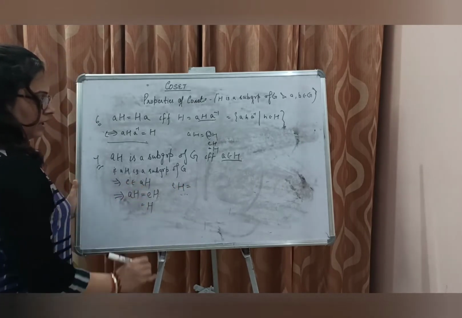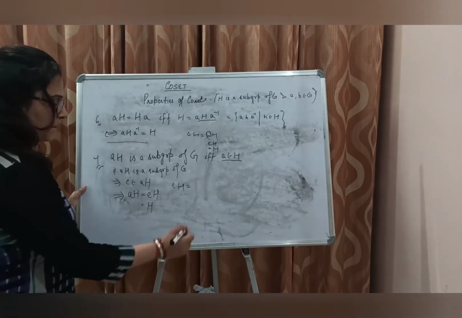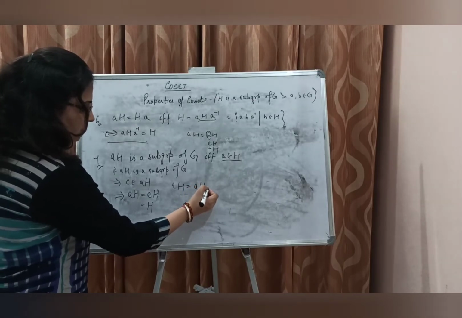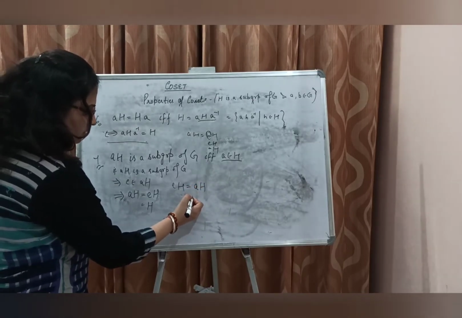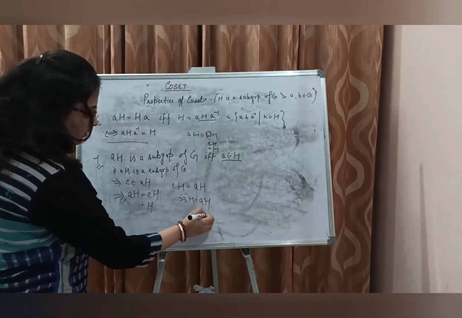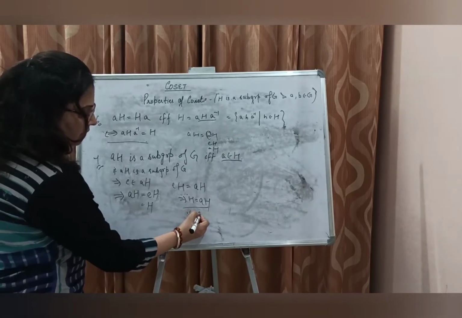If E belongs to AH, so this implies H is equal to AH. Now this is equal if and only if A belongs to H.